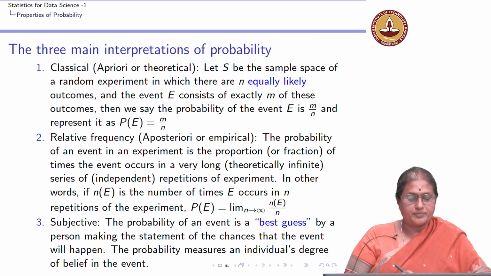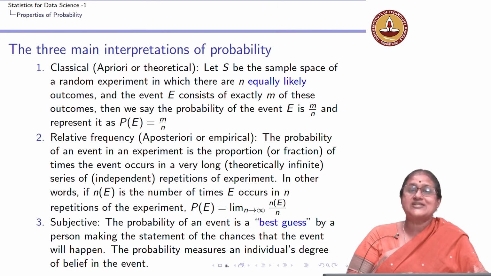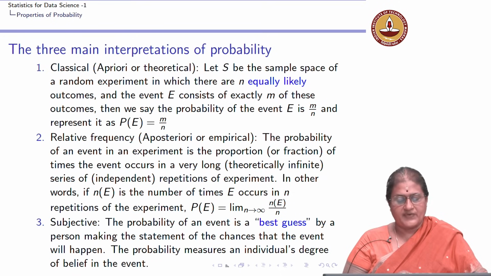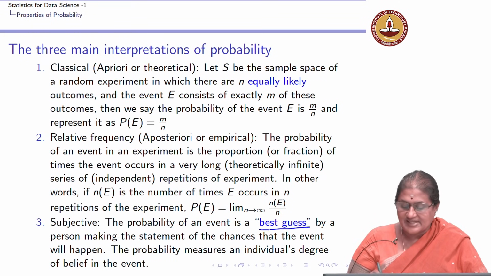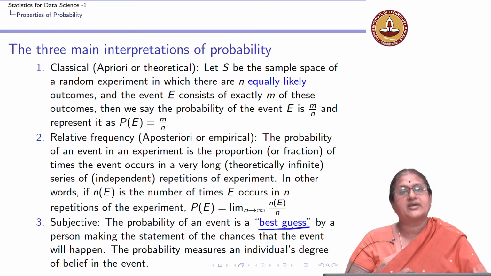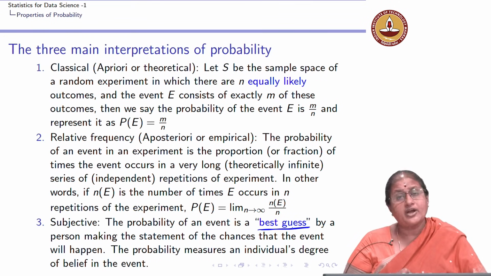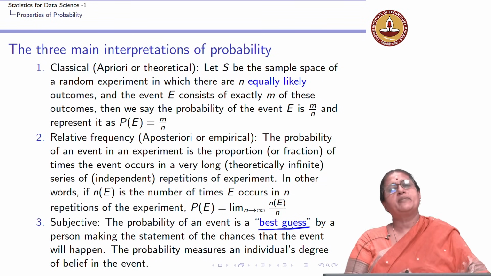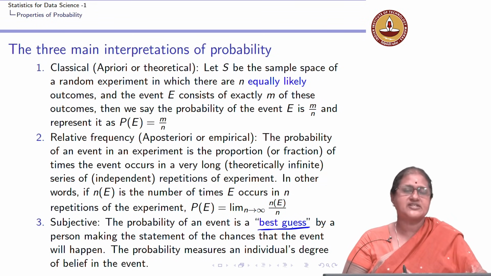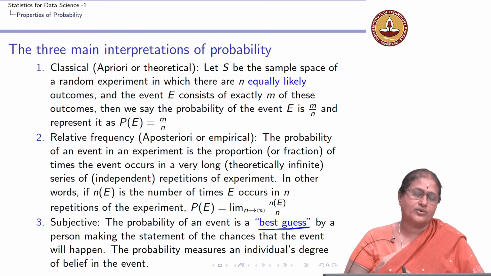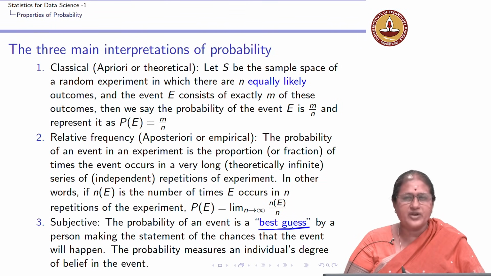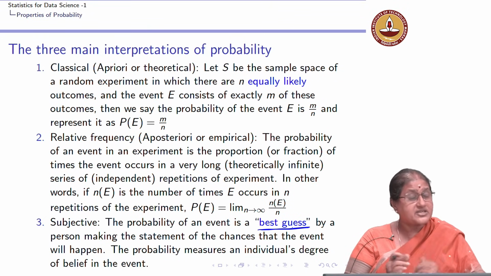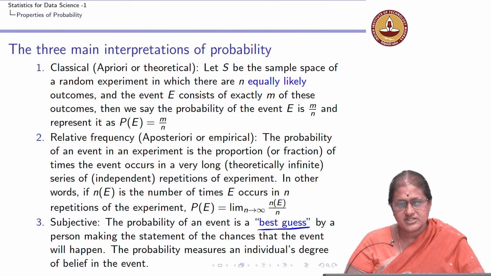The third approach is what we refer to as the subjective approach. Now, this approach basically assigns a best guess by a person making a statement. Very often we see people making statements like: a 30% chance that it would rain tomorrow, or there's a 75% chance that a person would win a particular election even though that person is standing for an election for the first time.